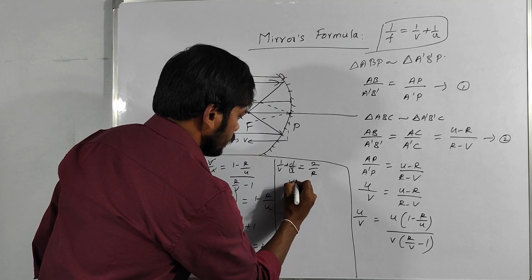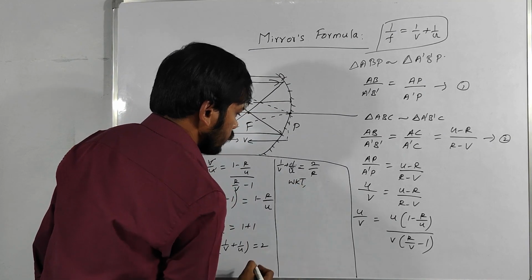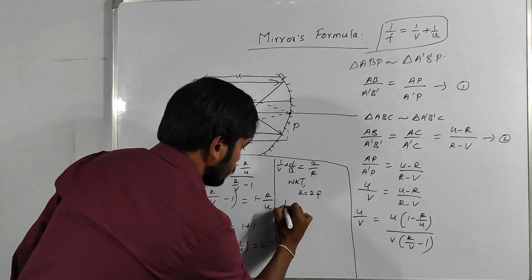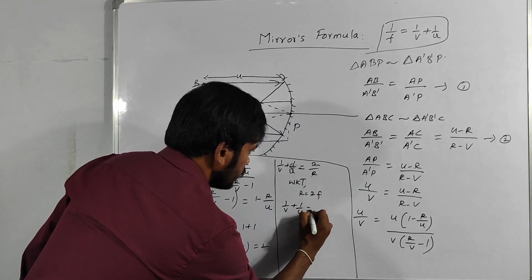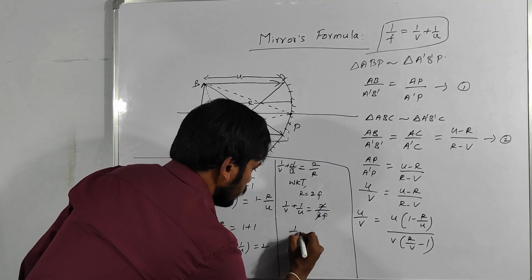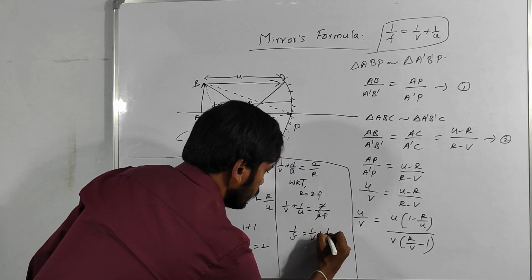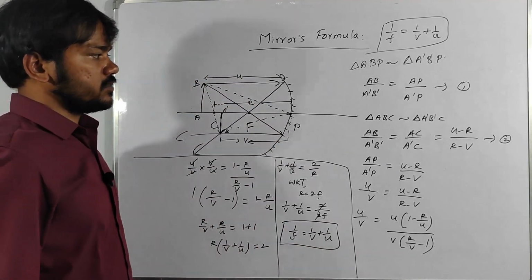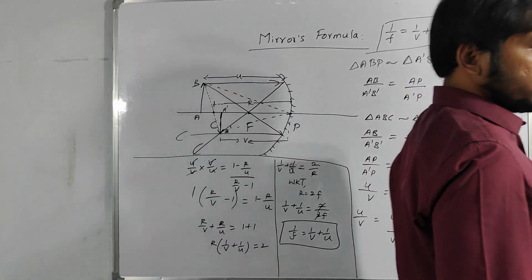We know that r is equal to 2f. Now 1 by v plus 1 by u is equal to 2 by 2f. The 2 cancels. 1 by f is equal to 1 by v plus 1 by u. See how simple this is?